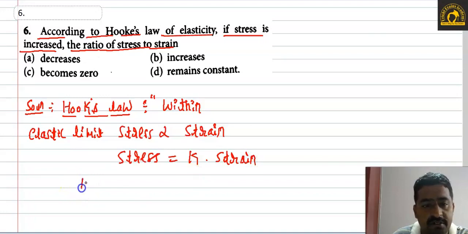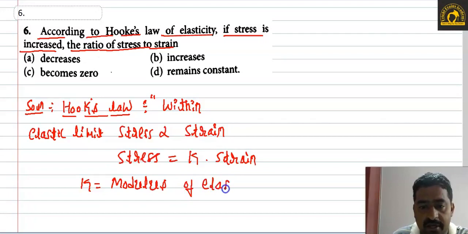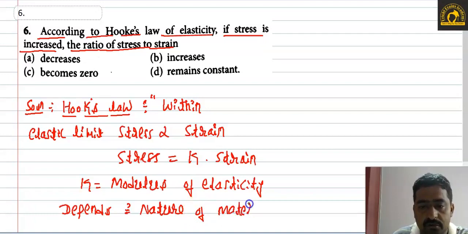So what is K here? K is called the modulus of elasticity. This modulus of elasticity depends on the nature of the material.